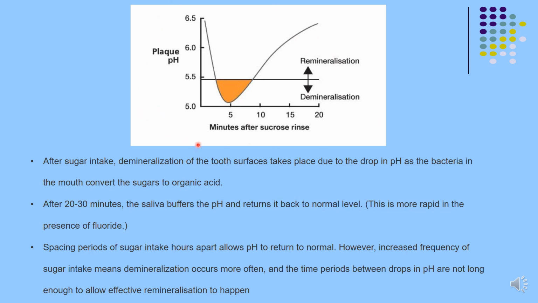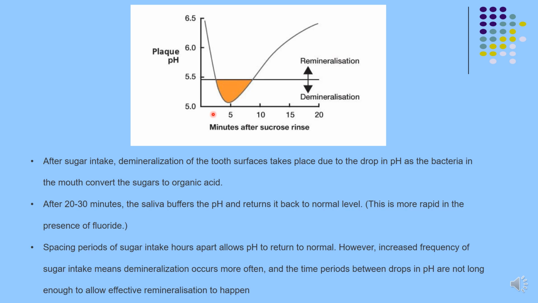Okay, so the curve clearly explains and has shown that there is a sharp fall in the pH of plaque with every consumption of sugar. All right, and the buffering capacity of saliva to return back to a normal, or rather a basic pH, takes about 20 to 30 minutes.